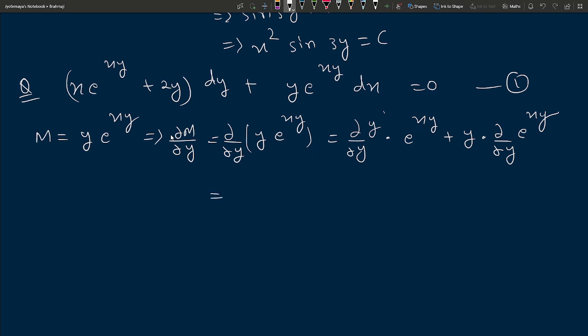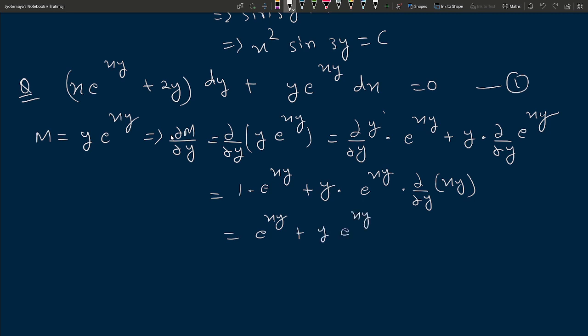The derivative of y is 1, so 1 into e to the power xy, plus y into the derivative of e to the power xy, which is e to the power xy into, again by chain rule, del by del y of xy. So this is e to the power xy plus y e to the power xy, again del y of xy. Partial derivative with respect to y, x is constant, so x into the derivative of y, which is 1. So this is e to the power xy plus xy e to the power xy. This is your del m by del y.